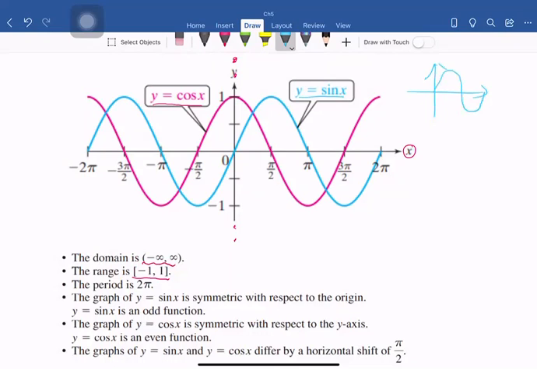If it's with respect to the origin, that means, since this is a continuous function, I can continue to draw. So I can flip it along the x-axis. If I flip it, it looks like this.